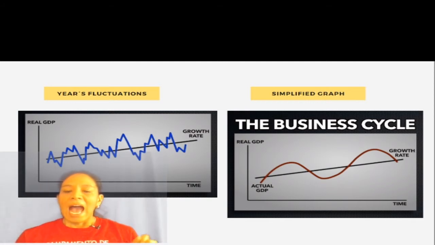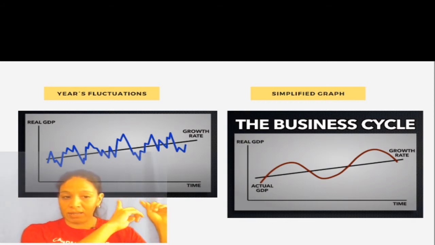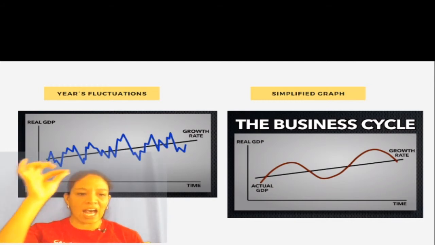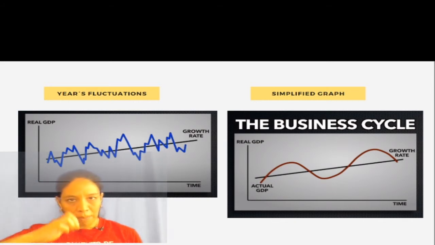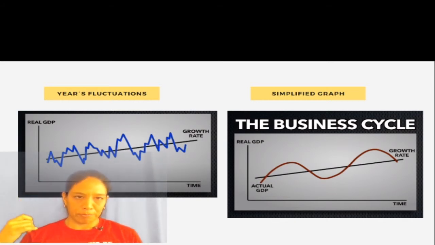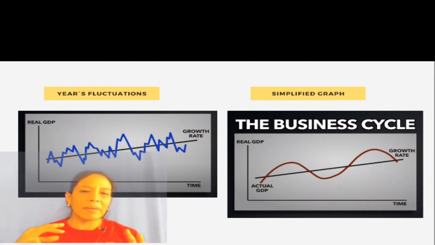And then, to simplify things, we have come up with the business cycle being graphed in curves, like this one here, okay, and it's like a sine and cosine graph in which I go up, I go down, I go up, I go down, all right? We want it like that because it reflects the pattern.